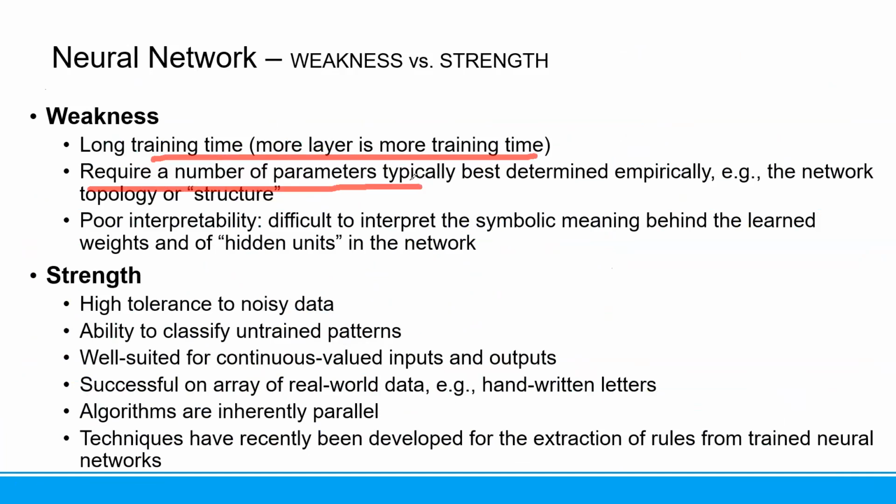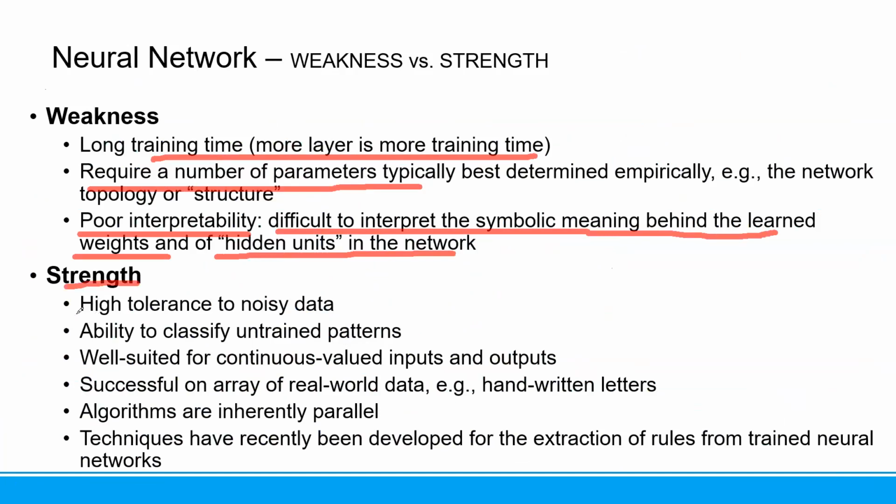So there are so many parameters. And poor interpretability. It is difficult to interpret the symbolic meaning behind the learned weights and the hidden units. So what does the layer mean? We don't know. What does the weight mean? We don't know. So we just feed forward into the weight without any interpretation.